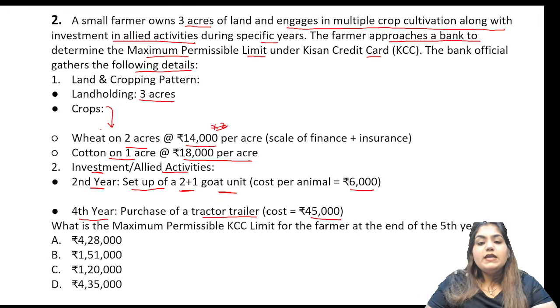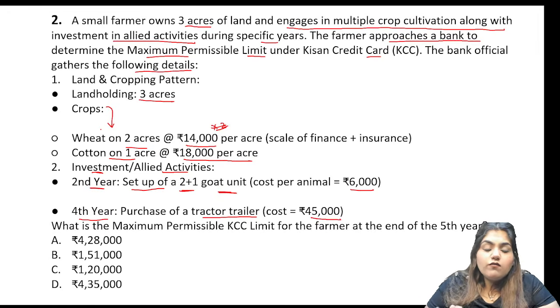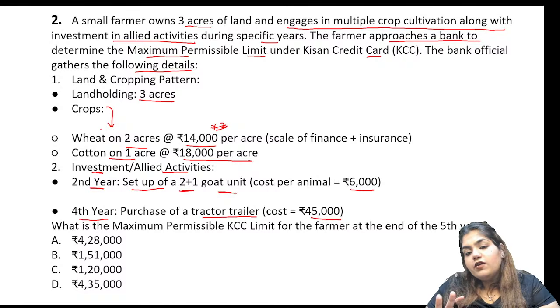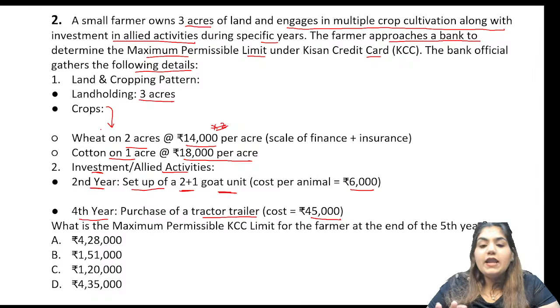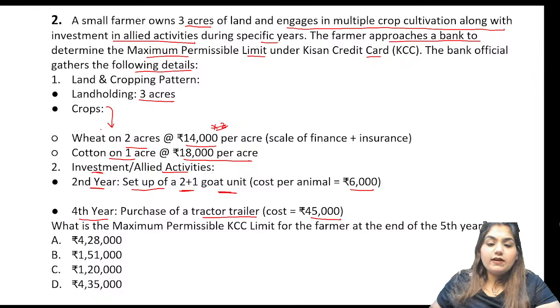First year में it is 2 acres of 14,000 and 1 acre of 18,000. Cost of cultivation will be 14,000 into 2 and 18,000 into 1. Let's see cost of cultivation, first year.